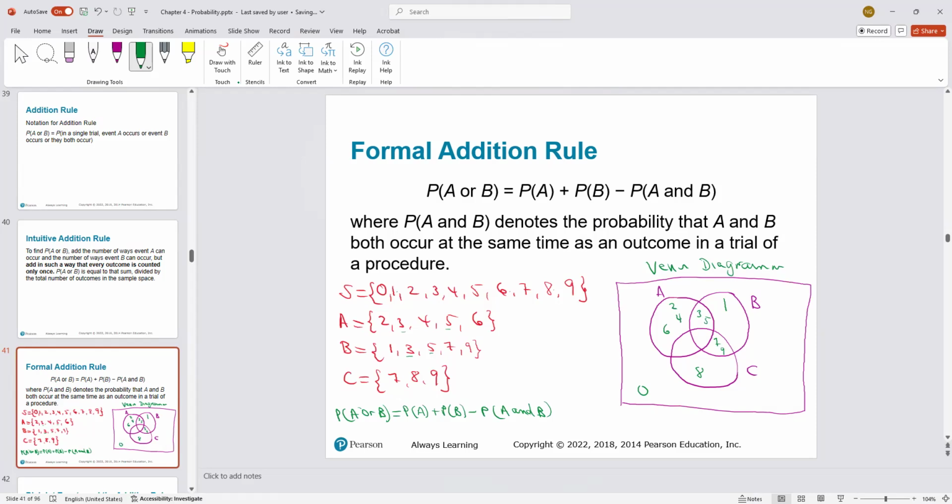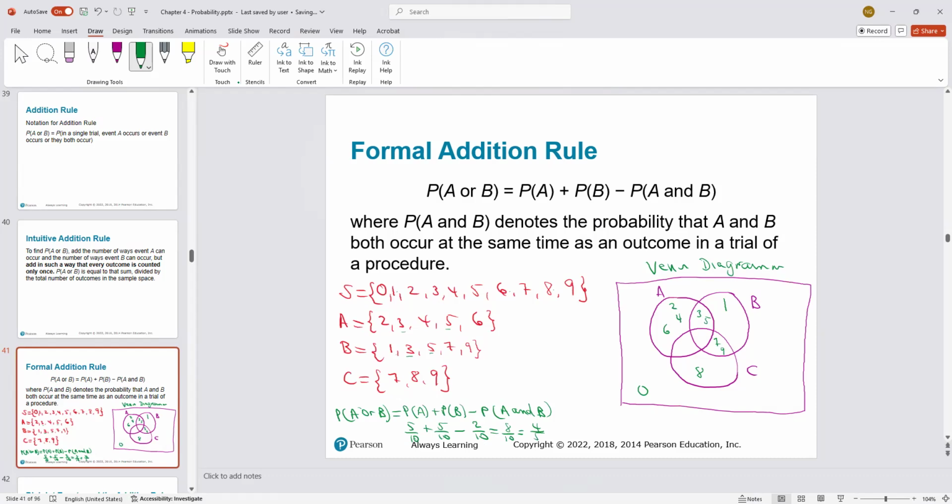So probability of A is the number of data you see in A, which is 5 out of 10, plus probability of B, 1, 2, 3, 4, 5 out of 10, minus whatever they have in common. What do these two have in common? 3 and 5, 2 digits, so 2 over 10. So that would be 8 over 10, and you simplify by 2, that's 4/5. So that would be the probability of A or B.